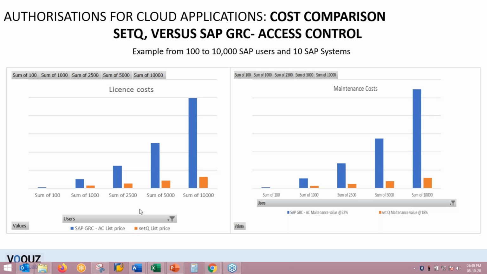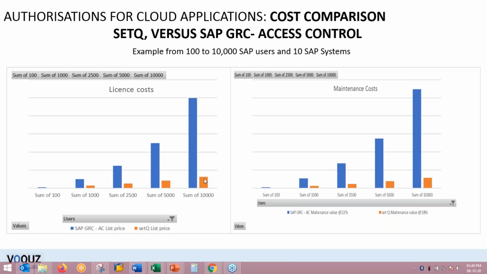So you can see that the setQ list price is significantly lower, and even as the GRC list price increases, because they're sold in batches, the setQ price stays almost very consistent at a much lower level. From a costing perspective, why is this important? Well, because it also has a ramification and implication on your maintenance costs.